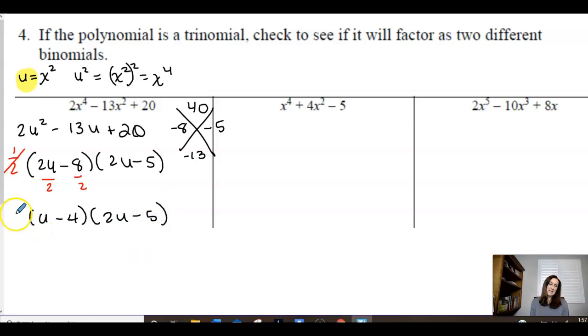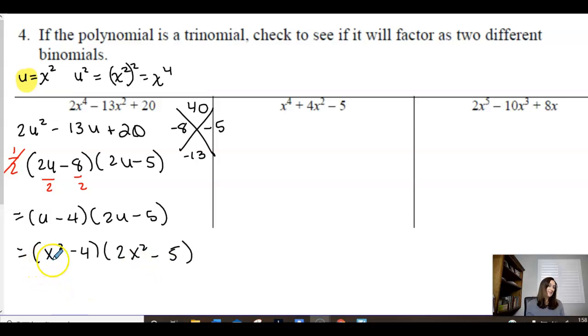Now, I'm not done because I'm not factoring for u. I've got the u as an x squared. So I've got to replace the u with x squared. So my final answer then is going to be x squared subtract 4 and 2x squared subtract 5.